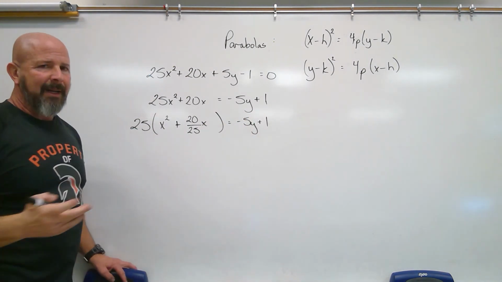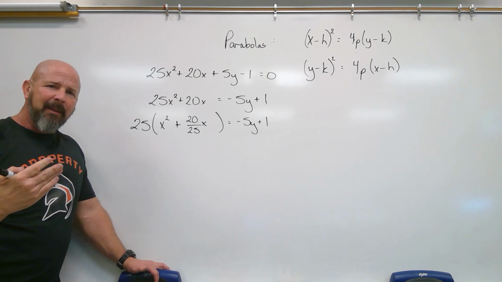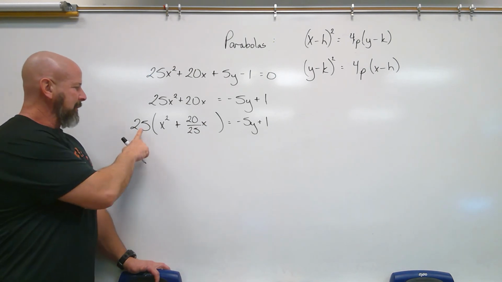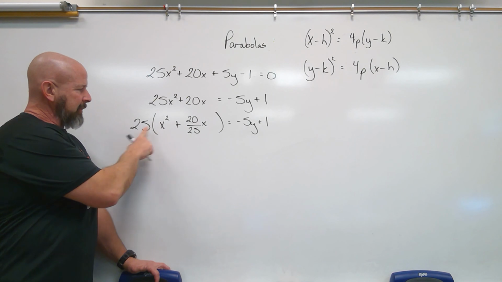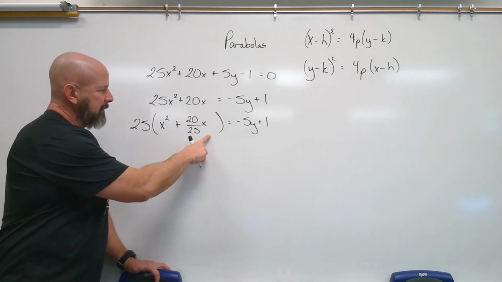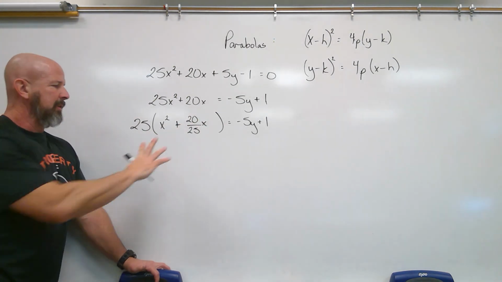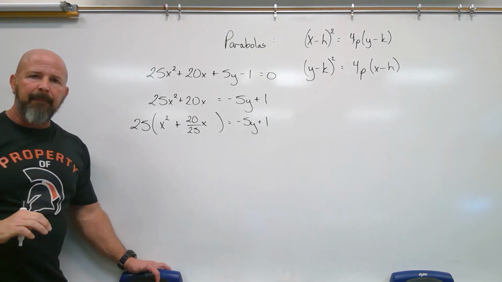Now, sometimes it's kind of tough to visualize factoring out that 25. So I like to think of it as just kind of multiplying back through. Okay, that would be 25x squared. And if I did 25 times this, well, the 25s would cancel, leaving me 20x. So this is the same representation as that.